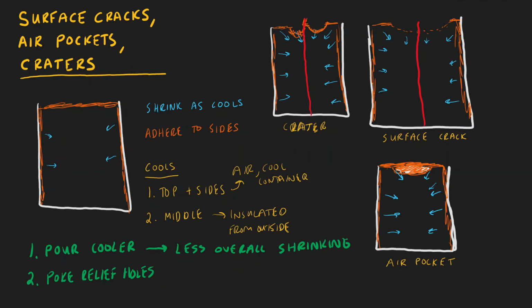This option typically involves taking something like a skewer and poking a hole down into the wax right by the wick, typically right near the center where the least force exists to resist the shrinkage, to poke that relief hole down the center and allow the wax to fill that.